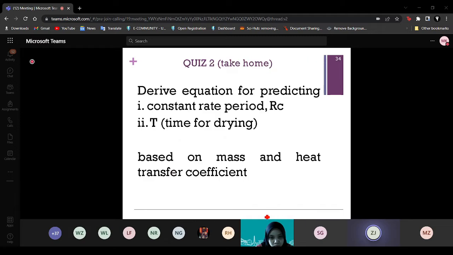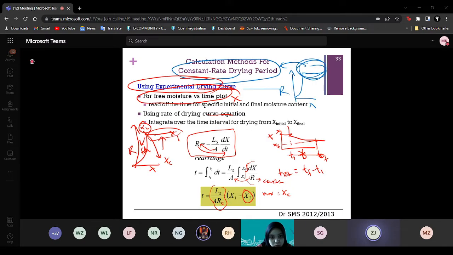So how to use this one? Very simple. Okay, very simple. So if you have this data R versus X, you know what is the value of R here, Rc, and then you just put the Rc here, the value.